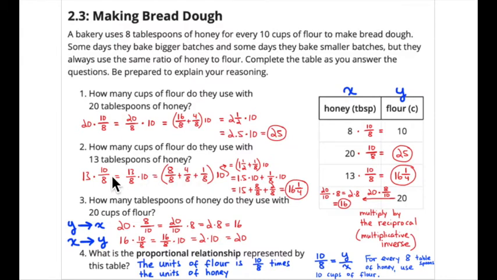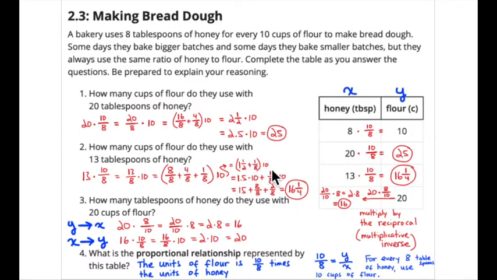Let's do the same thing with 10/8 of 13. So remember, you're going to divide that 13 by 8 first. So that's 13/8 times 10. Now 13/8 you can rewrite as 8/8 plus 4/8 plus 1/8. So I'm looking ahead and I'm thinking, okay, I know what 8/8 is. I know what 4/8 is, and I have 1 more eighth to deal with. Each one of these gets multiplied by 10. So 8/8 plus 4/8 is 1 1/2, plus 1/8.